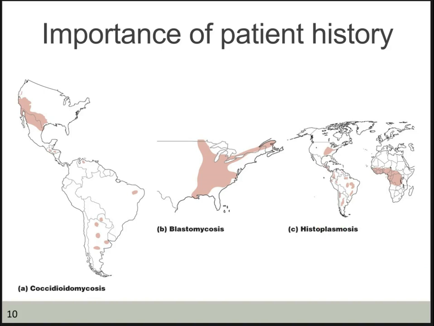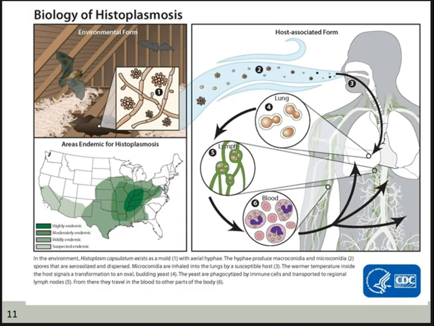Whereas if your patient has been traveling to parts of Africa or parts of South America, as you can see here, your first thought might be histoplasmosis. And then there's coccidiomycosis, which is found much more prevalently along the southern border of the United States and sporadically in various places in South America as well.